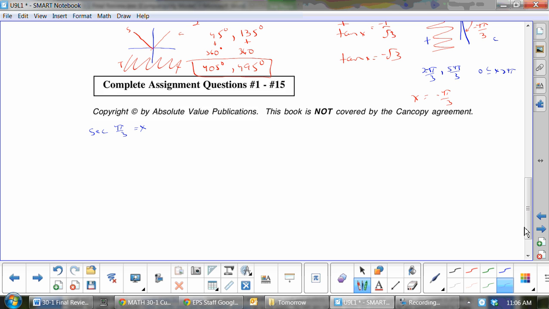Now, how would you solve this in your calculator? That's an awesome question, is it not? This is the same thing as 1 over cos pi over 3 equals x.